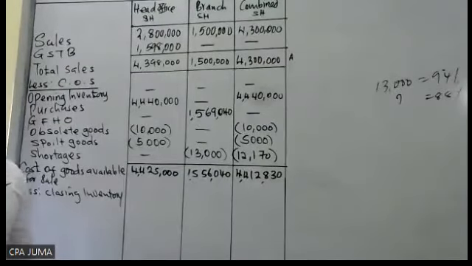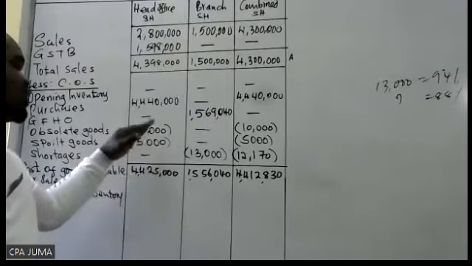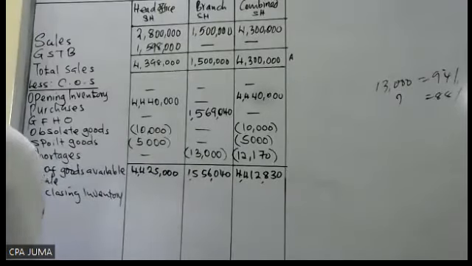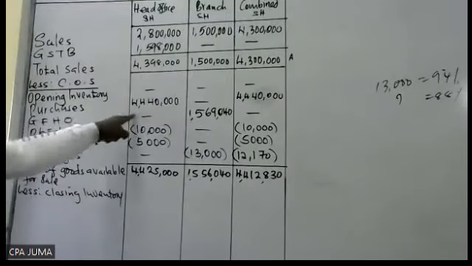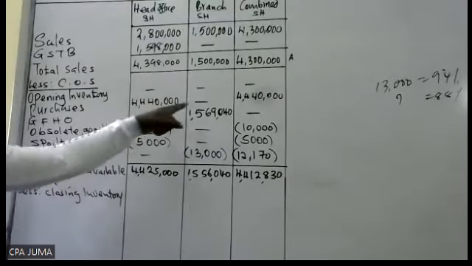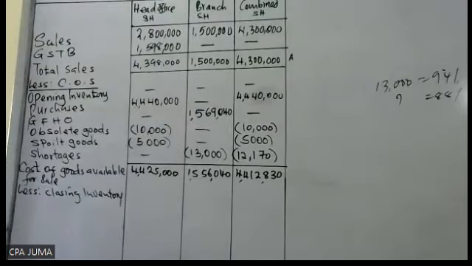Physical or online differences? Anyone from online with the same figures? This minus this minus this. This minus this, because less closing inventory.